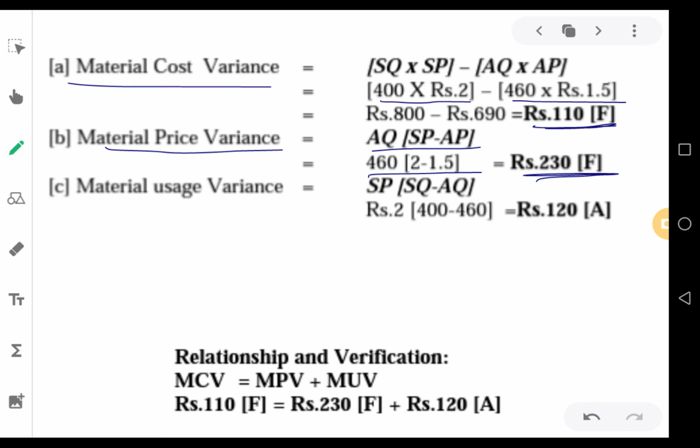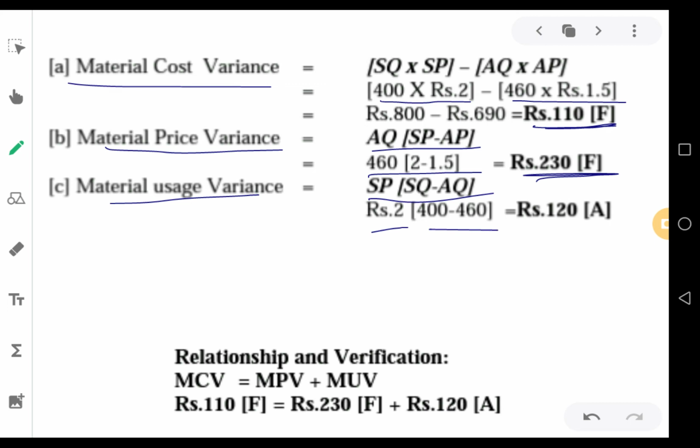The third is material usage variance. What is the formula we have? Standard price into standard quantity minus actual quantity. Standard price as per the question is 2 rupees. Standard quantity 400 kgs minus actual quantity 460 kgs.